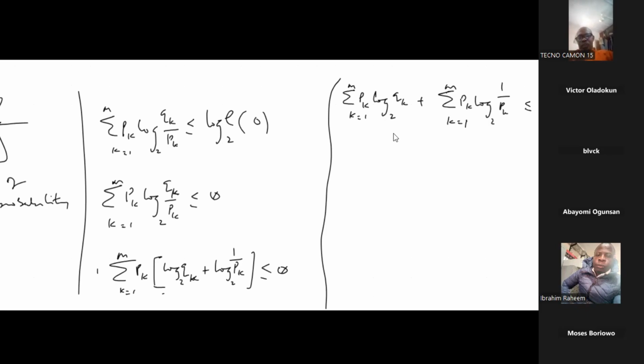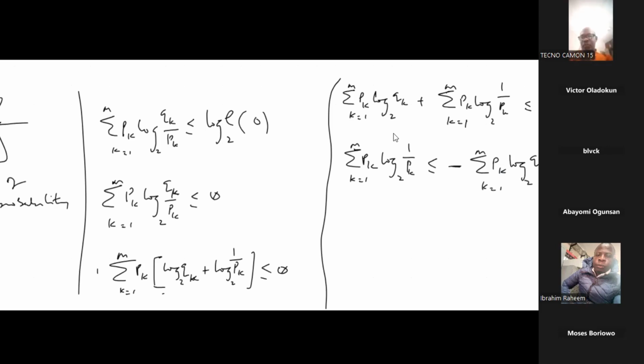Right? Is this clear? Are we okay with this? Yes. Okay. So now we have sigma p sub k log 1 over p sub k base 2, for which k takes on values from 1 to m, is less than or equal to, this now will be minus sigma p sub k log q sub k base 2, for k taking on values from 1 to m.